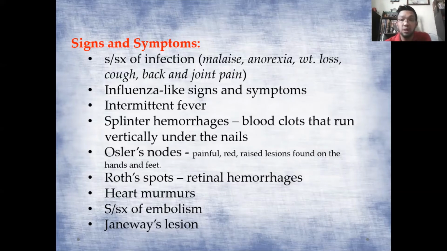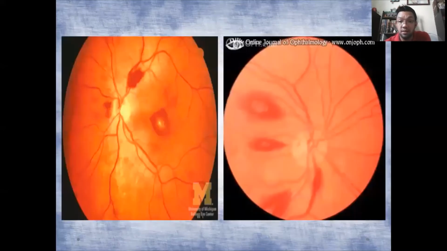You can also hear heart murmurs from the patient. And if an embolus has been formed, signs and symptoms of embolism can be present, such as difficulty of breathing, shortness of breath, chest pain, and so on. Janeway's lesions can also be present.